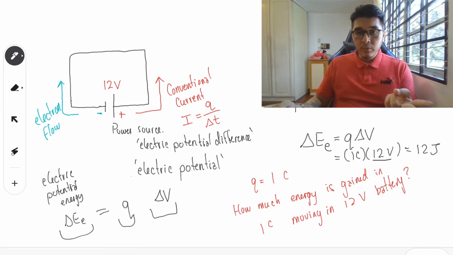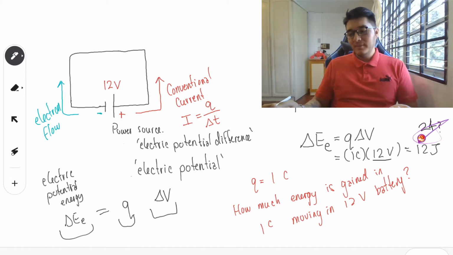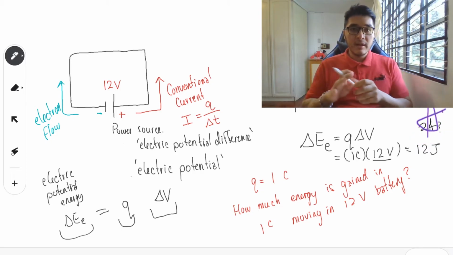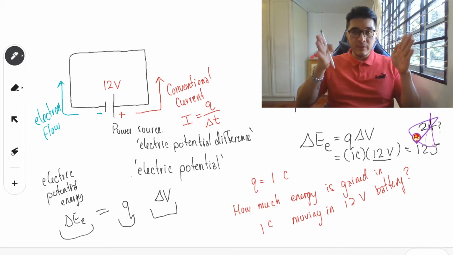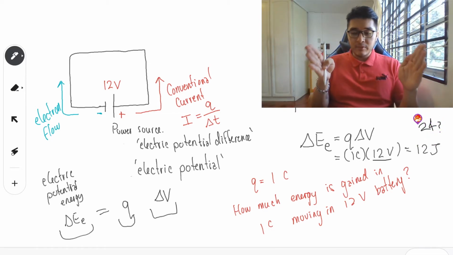And if you have 2 coulombs of charge moving through this battery, how much energy do they have? At least 2 joules. No, 24 is going to be... I said at least. Okay, fine. So you see, the battery is a potential difference between the two terminals.